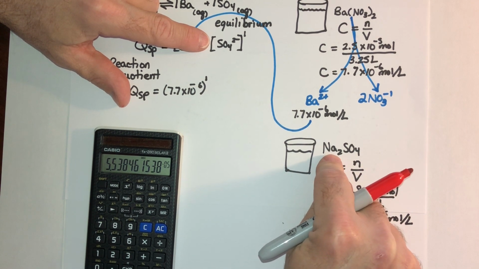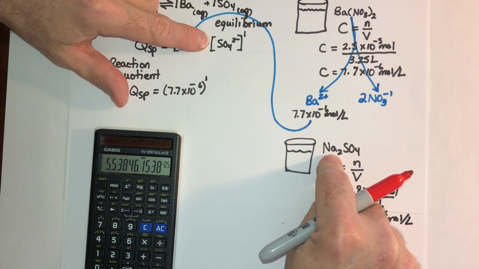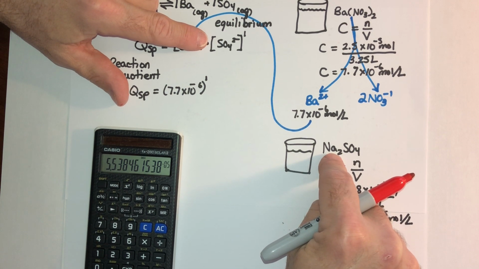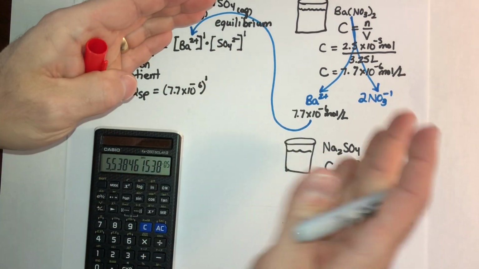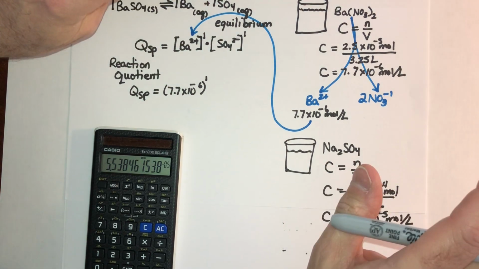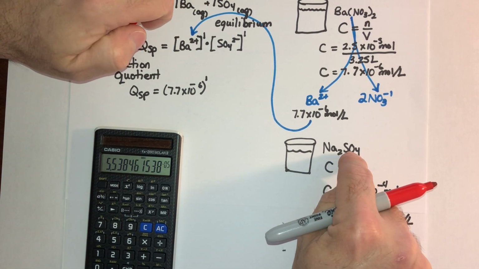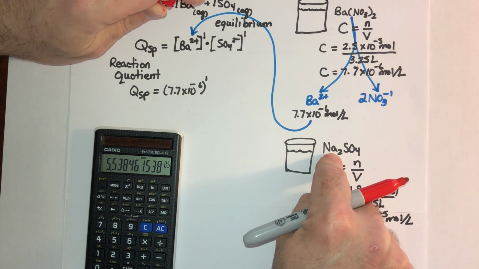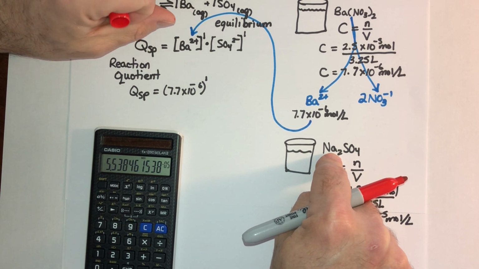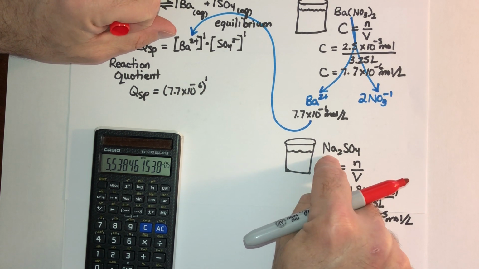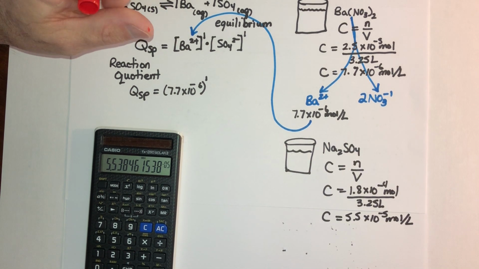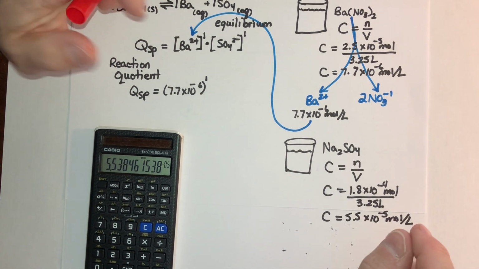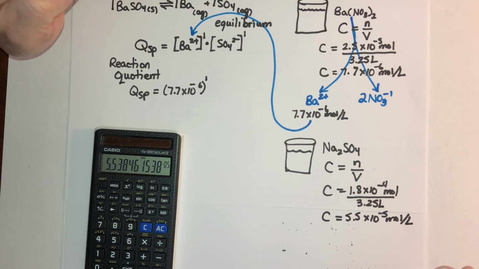And if you're going to choose a partner that helps you dissolve in water, sodium is an excellent partner. If you have a sodium something, they all love water. So if you want to guarantee that this sulfate is going to dissolve in water, you put it with sodium, a partner that loves water. Okay, so you're going to see a lot of sodiums and a lot of nitrates mixed up with the chemicals that we're actually interested in.